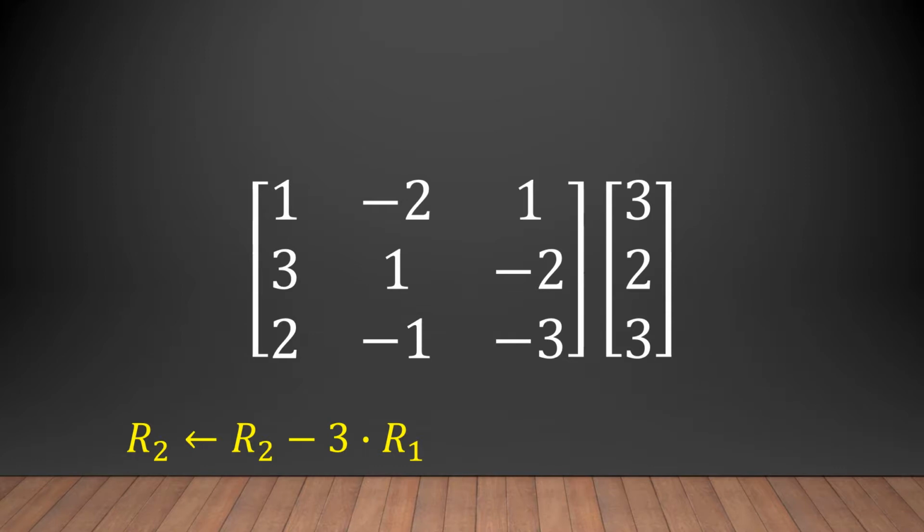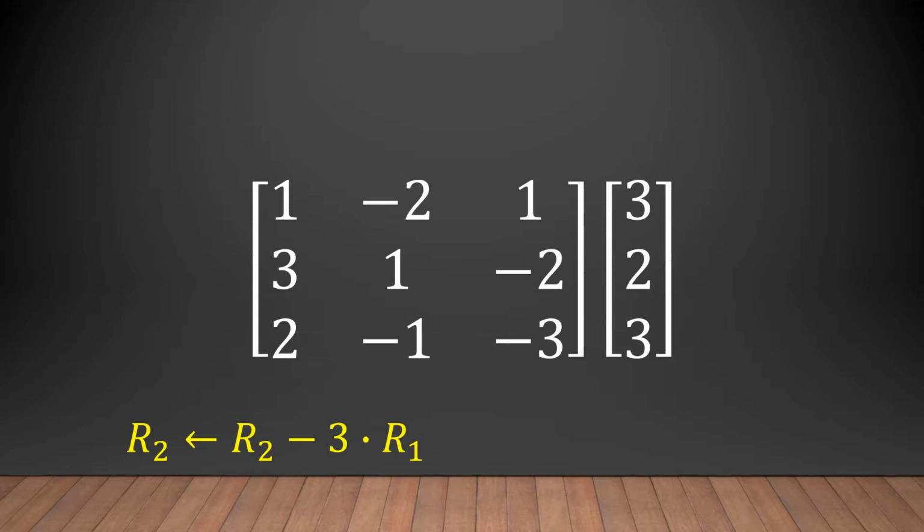So in the column matrix, we say 2 minus 3 times the 3. The -3 times 3 is -9, and you add that to the 2, and you'll get -7 in the second position of the column matrix.